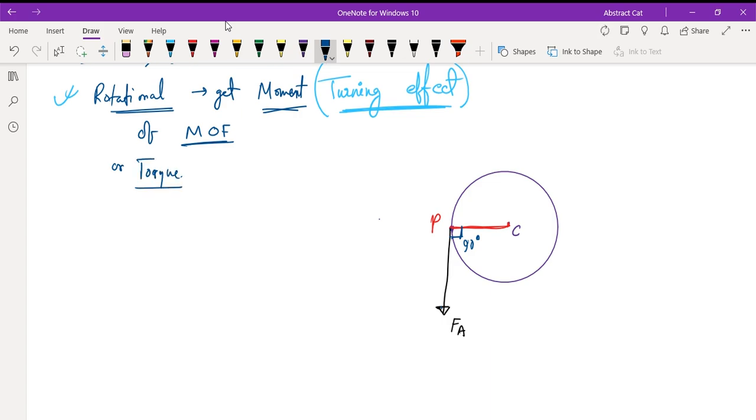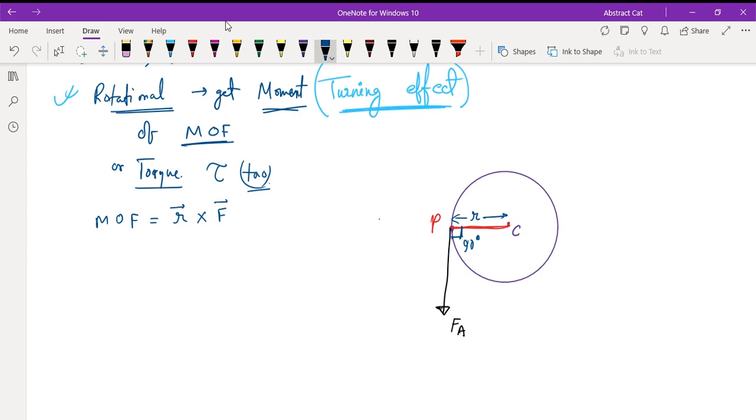The simple representation is tau. This is called tau. This torque is also a vector. Okay, the moment of force is equal to the radius r cross F, r cross F. This is a vector.